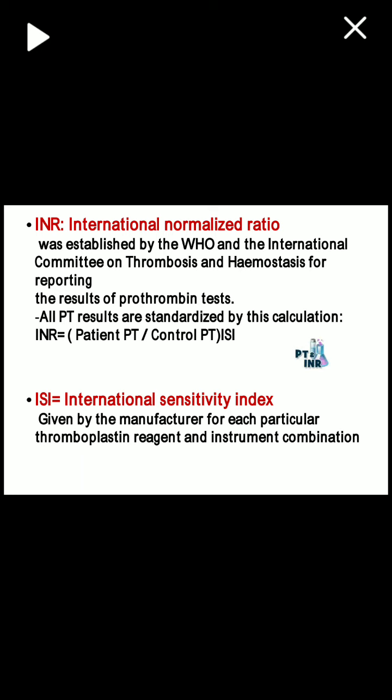ISI is the International Sensitivity Index, given by the manufacturer for each particular thromboplastin reagent and instrument combination. So when you calculate the PT, INR has to be calculated as well.